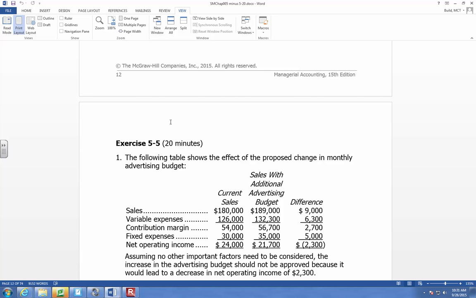Melanie, you want to tackle that one for me? Where do you start? We have current data, and then they're proposing making some changes. So what do you do? You have to compare what you're doing now to this potential change, precisely. So, what does my income look like right now with the current cost structure without changing the advertising budget?